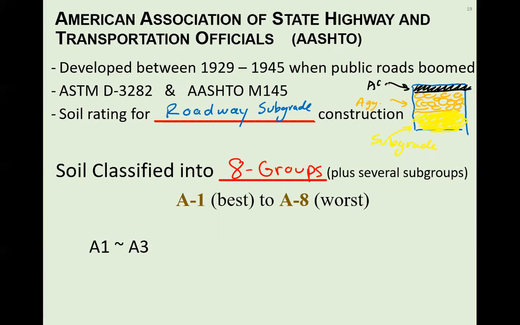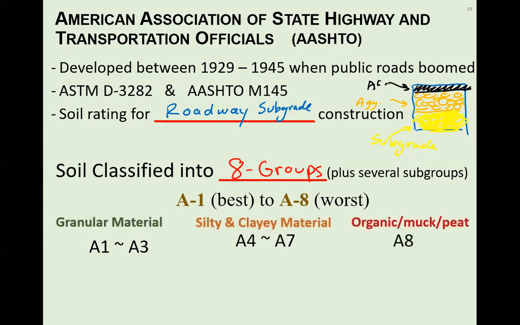So there are these categories: A1 to A3, A4 to A7, and then A8. Instead of talking about gravel, sand, fines, and organic like in the USCS, it's grouped into three main things. A1 through A3 is our granular material, and this is the stuff that is excellent.